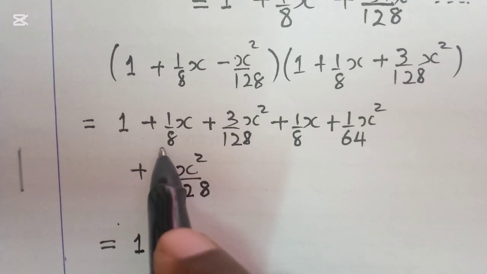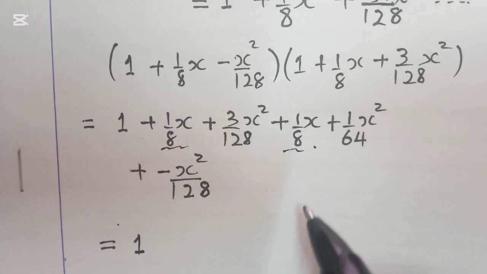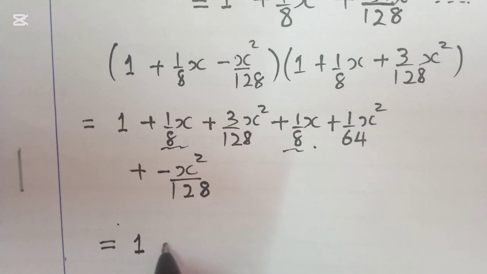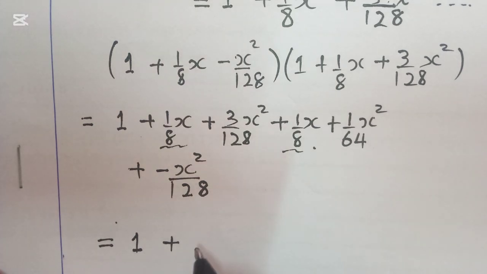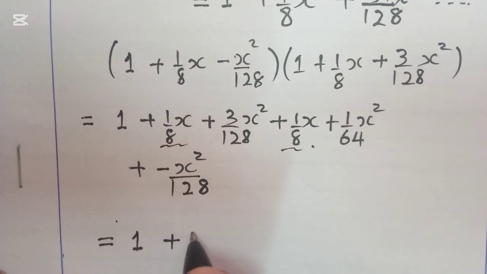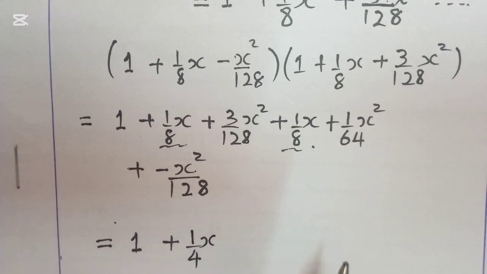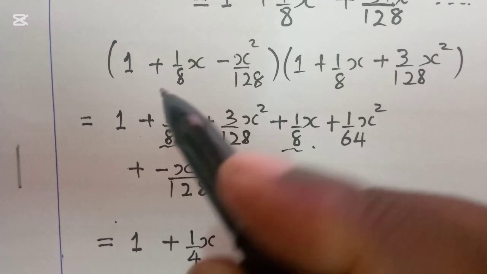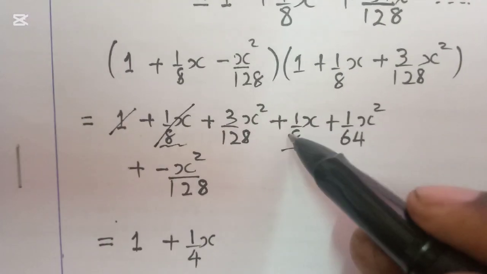Then we go to 1 over 8, we add 1 over 8. That gives us 2 over 8, and the 2 over 8 is now plus 1 over, so that will give us 1 quarter. So we shall have 1 over 4x. That is for that and that, so we can cancel that, and also cancel that and that.